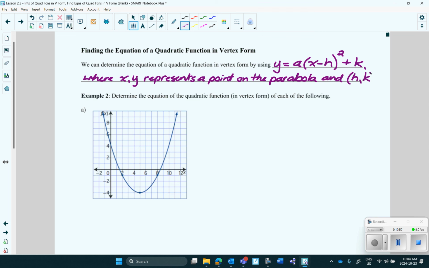If you have those two pieces of information, you can find the equation.